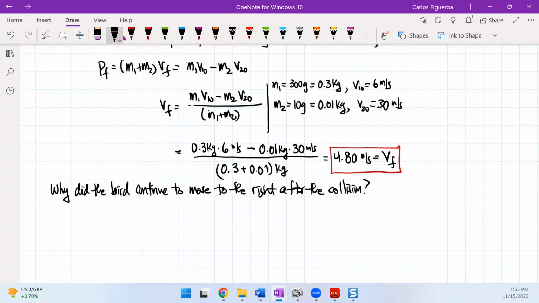What if I asked you that and said, quantify that for me? It has to do with the momentum.